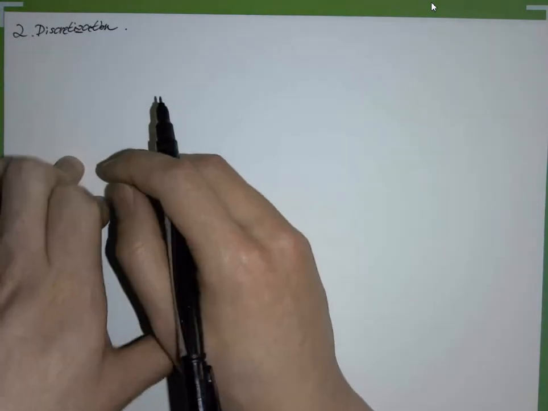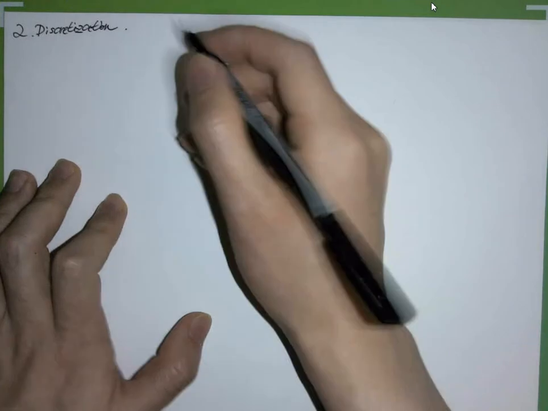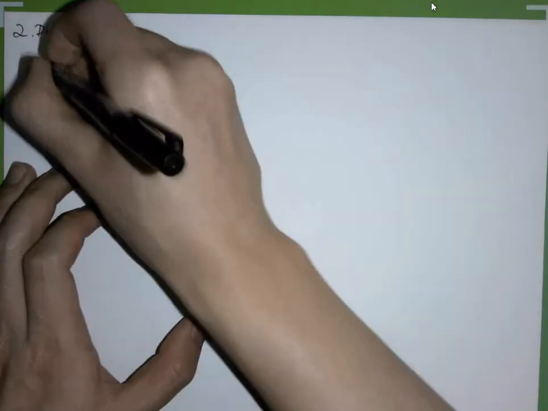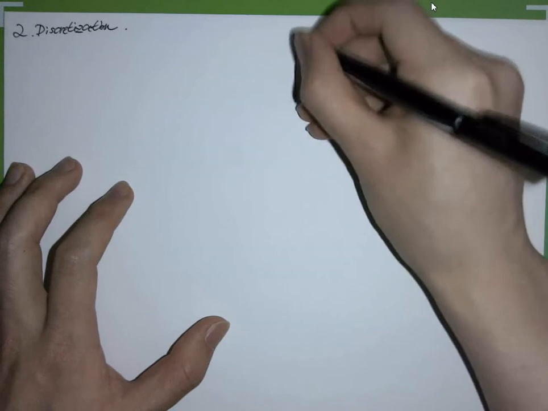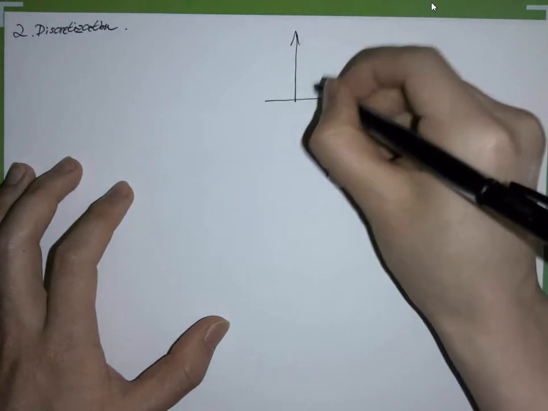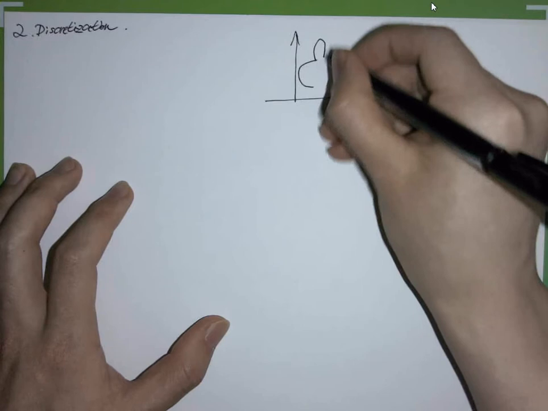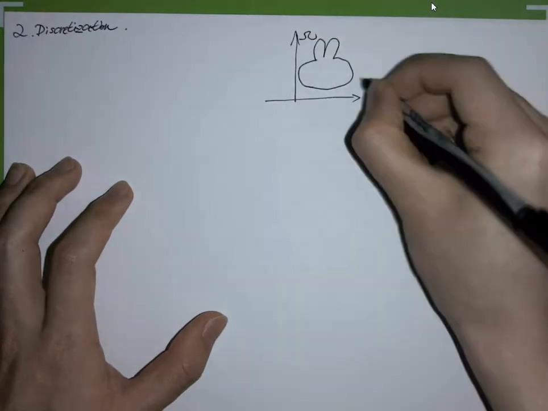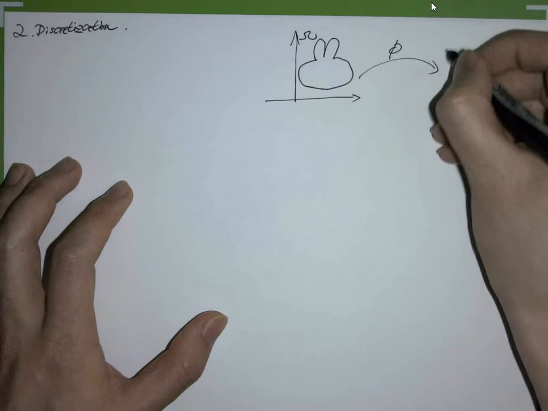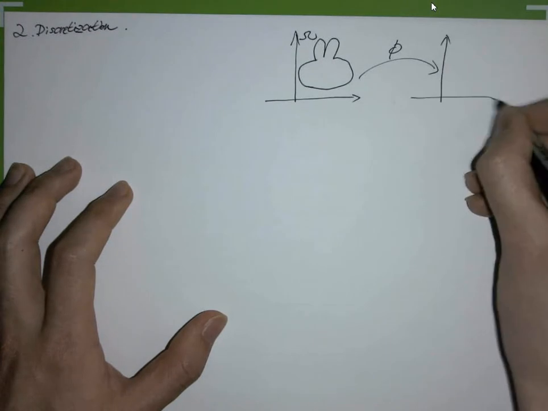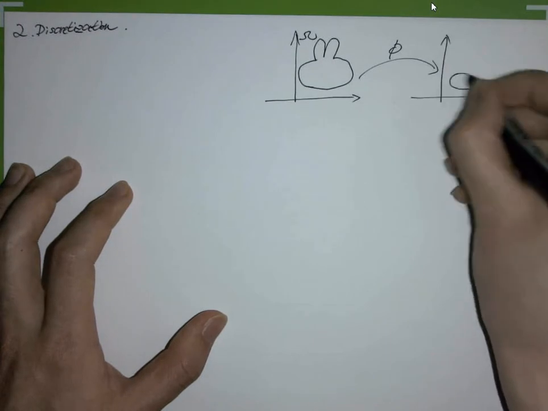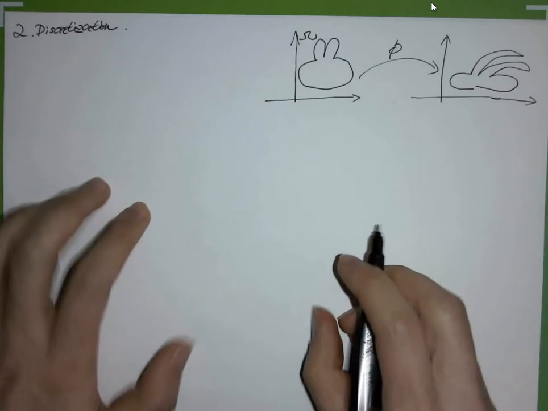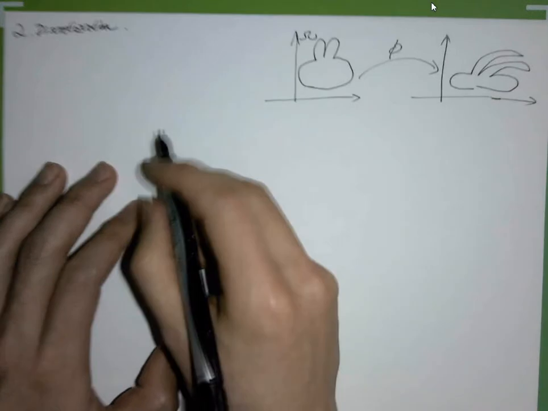But let me redo it in a more physically correct way. Think about this bunny still. If I have a 3D bunny, although I'm drawing it in 2D, the rest shape is omega. Under some deformation map phi, I'm going to deform it to a highly deformed bunny.